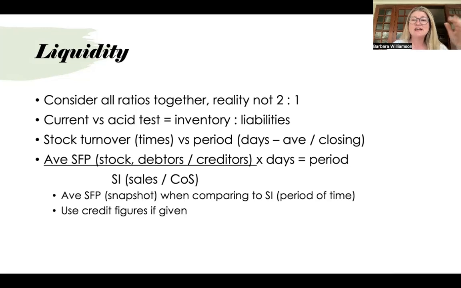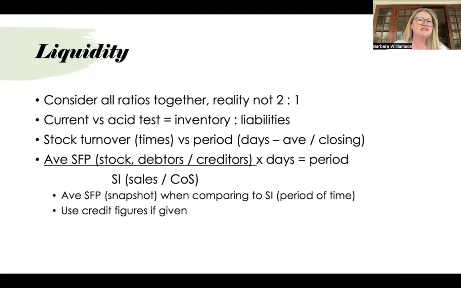So for debtors, you would need to look at your credit sales, whereas for stock and for creditors, you would use your cost of sales. In reality, for creditors, you actually want to use credit purchases, but you're not always given enough information to get that specific, and then you use the closest thing available, which would be cost of sales.